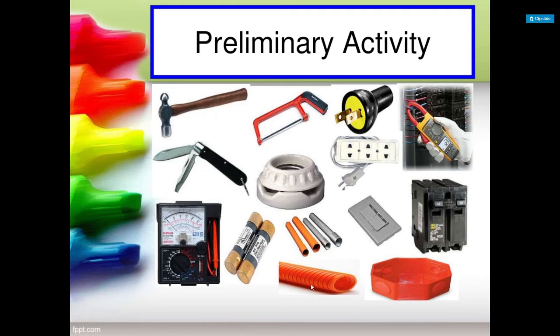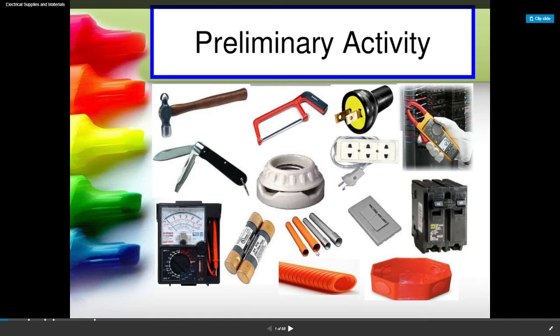Okay, so this morning let's now proceed to the electrical supplies and materials. So in the picture are most of the electrical supplies and materials. We have only three, how many tools and equipment here? One, two, three, four, five.